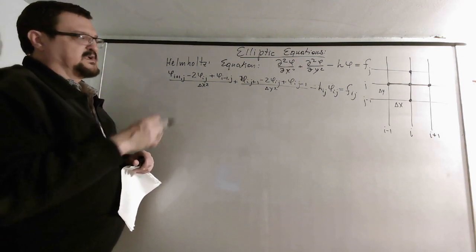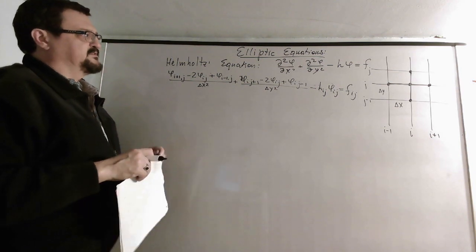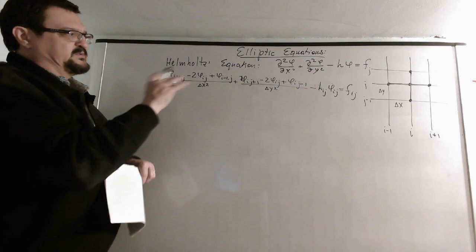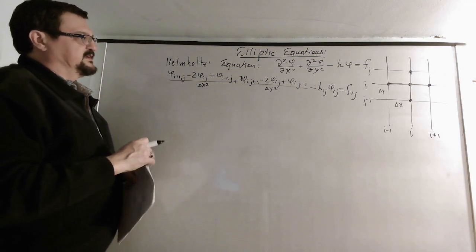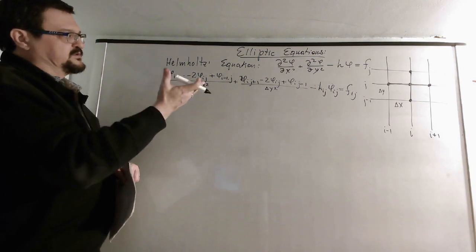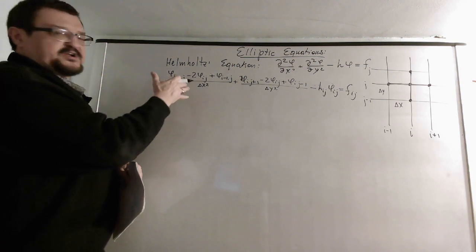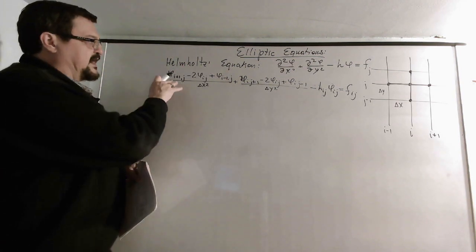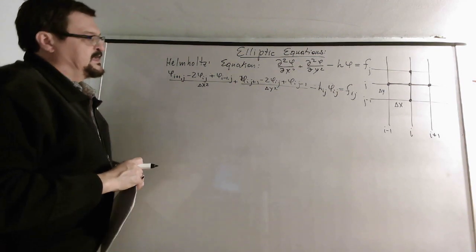So we assume that boundary conditions are specified, and we're not going to talk about those here. So how can we solve it? We can actually incorporate boundary conditions in the equations themselves for certain indices i and j, of course.